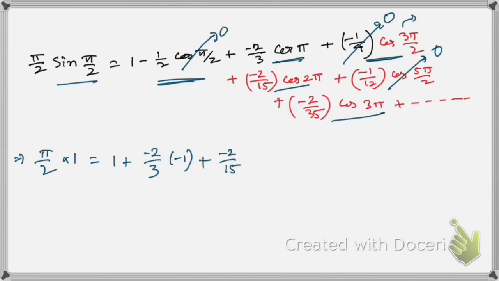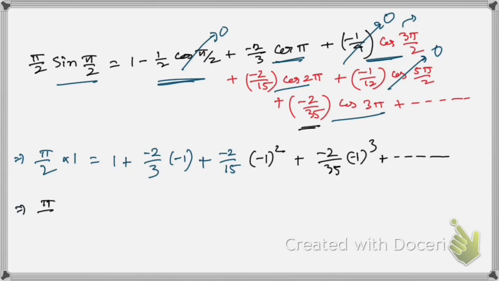So here you can see, as we have here 2 pi, that should be minus 1 to the power 2, and in the next term we should get minus 2 by 35 times minus 1 to the power 3 and so on, right. That's how we have got.